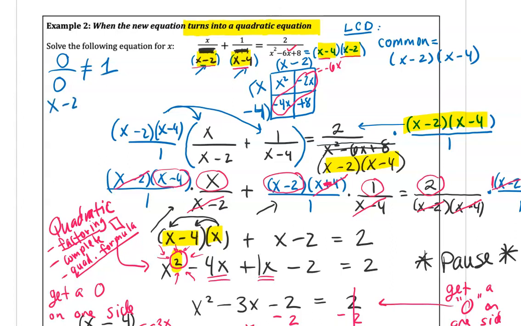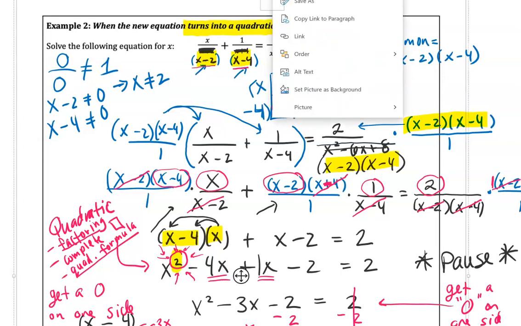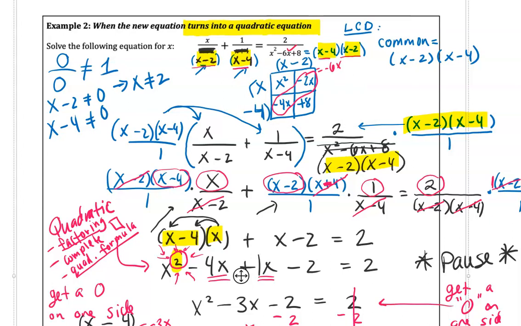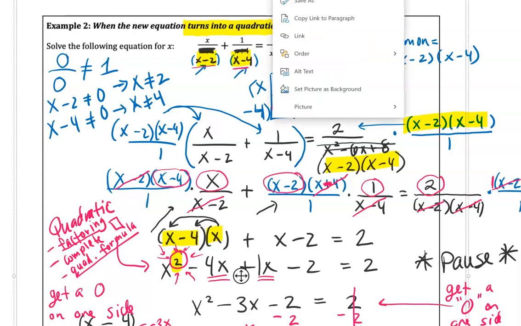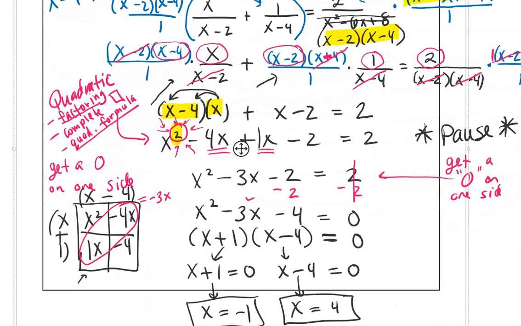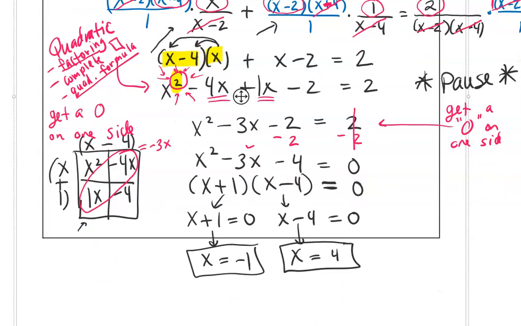So because of that, I can't let x minus 2 equal 0, and I can't let x minus 4 equal 0, which means I can't let x be 2, and I can't let x be 4. So when I'm done solving this, I realize 4 is what we call an extraneous solution.